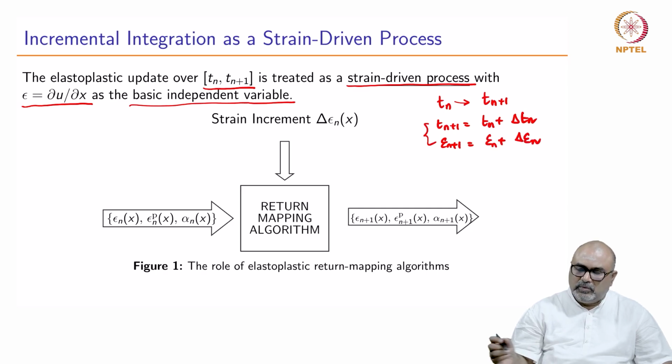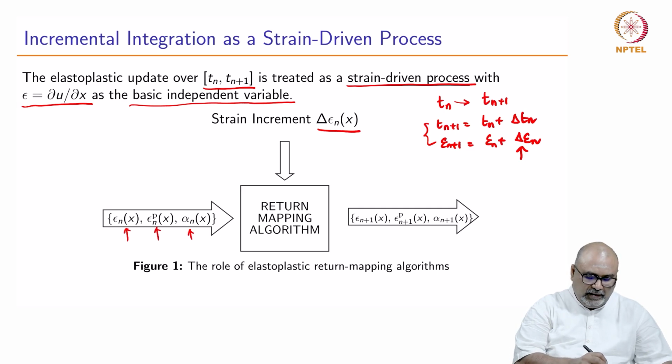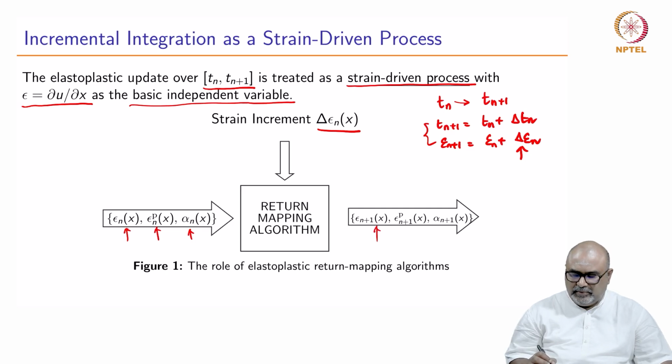Knowing these two quantities in a strain driven problem, and knowing the value of delta epsilon n of x, we want to update the quantities, namely epsilon n, epsilon n p, alpha n and sigma n, to get the new values, namely epsilon n plus 1, epsilon n plus 1 p and alpha n plus 1 of x. This procedure of getting an update from one step to the other in a strain driven process, the elastoplastic update, is called the return mapping algorithm.